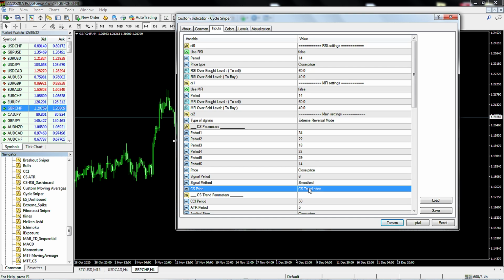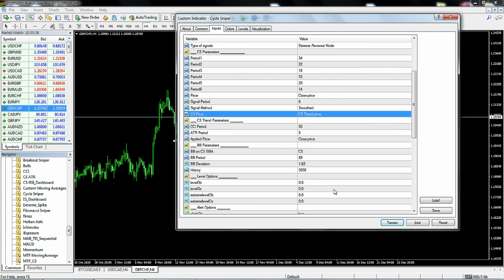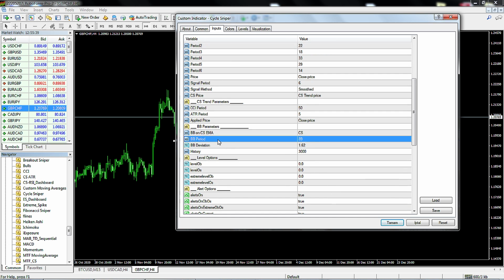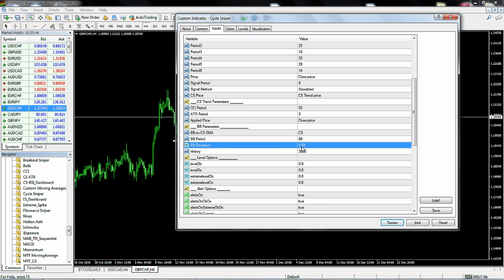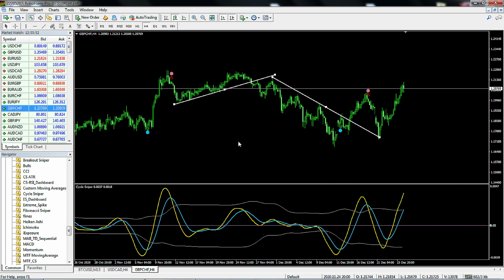Smoothed signal, Cycle Snipper price, Cycle Snipper trend price. Bollinger Band period 89, deviation 1.622. This is our smaller cycles. Here we got something like this. You see the arrows. It's another story, of course.